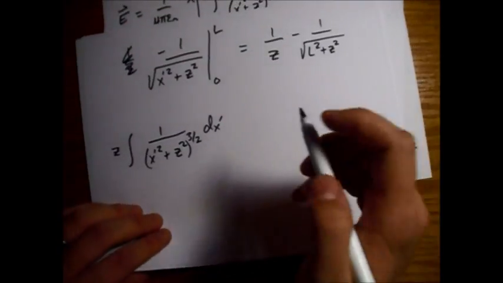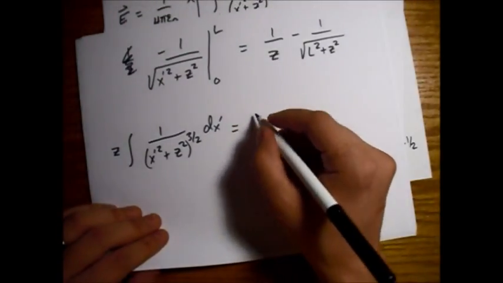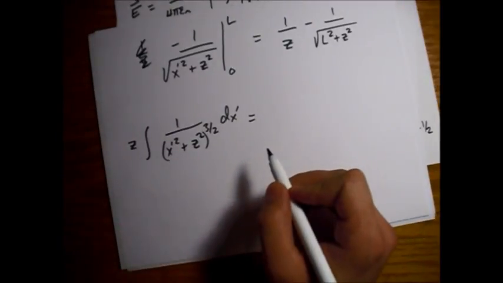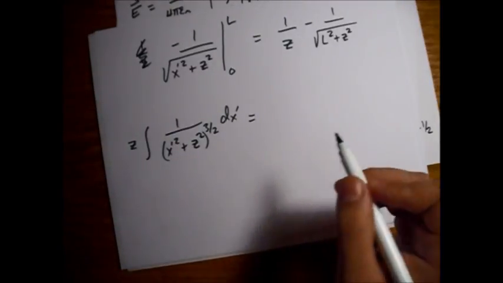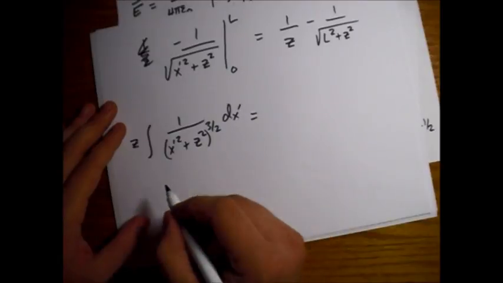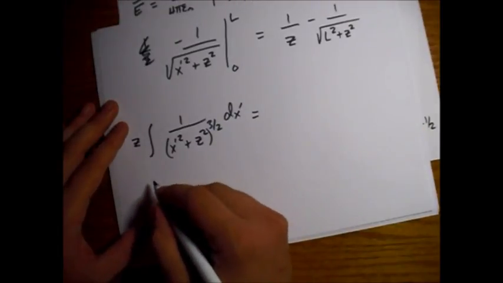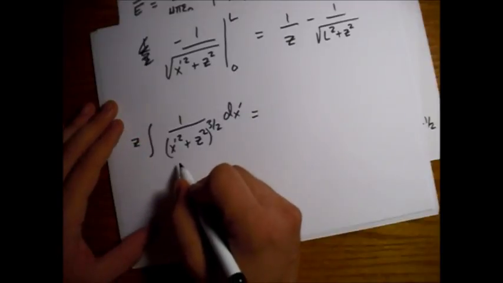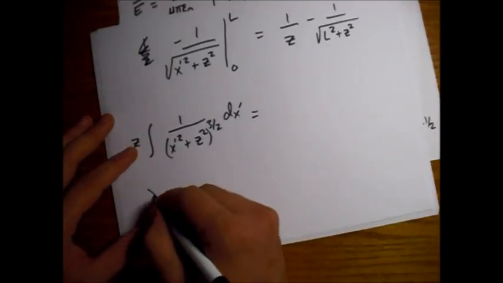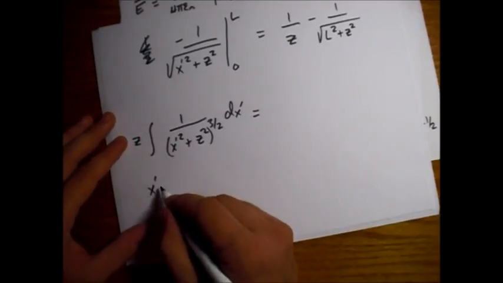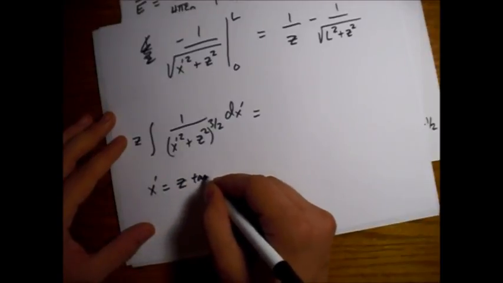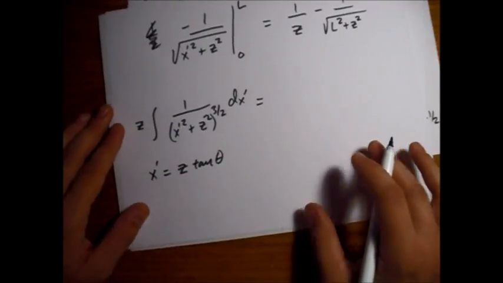All right, let's write out our substitution real quick. We are going to use a tangent. Let's make the substitution x prime is equal to z tangent of theta.